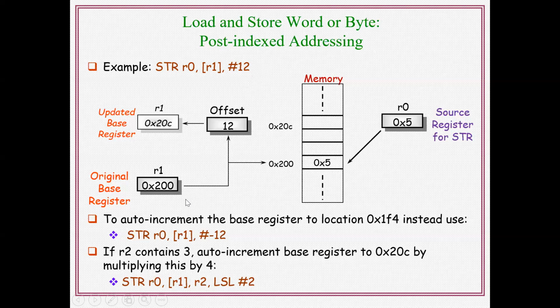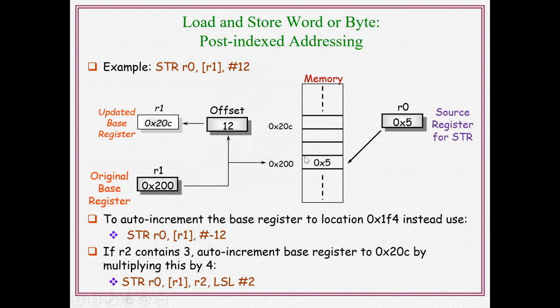Okay. Now here, for example, STR R0, [R1], #12H. In this case, originally the base register R1 is, assume that R1 is 200. And the next updated base register is 200 plus 12, 20C. Updated is 20C. So this has not happened before the instruction. The content of R1 is 200H.